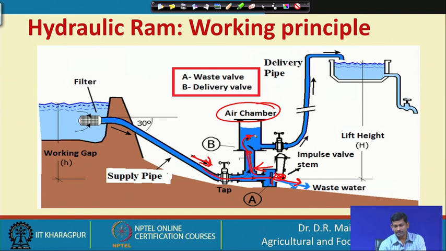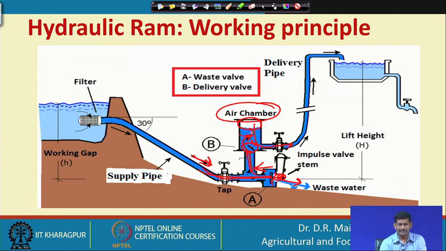Then when there is enough fluid, the air in the air chamber will be compressed, and the fluid goes into this, and when it is compressed, this will be closed. When this is closed, again the fluid is going to hit this one.